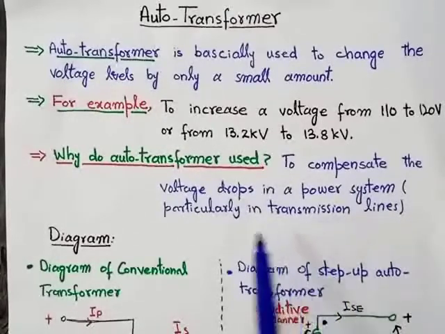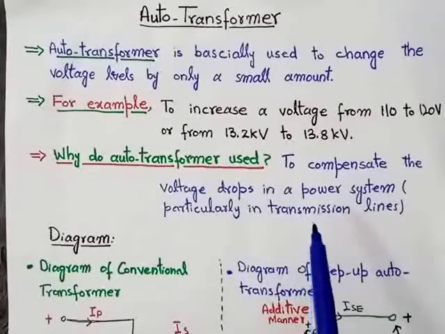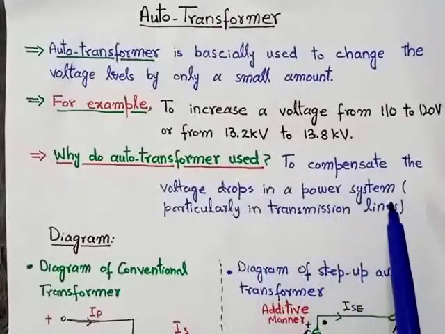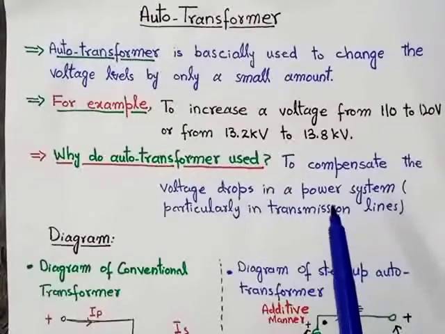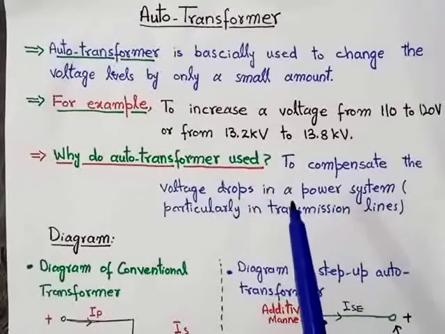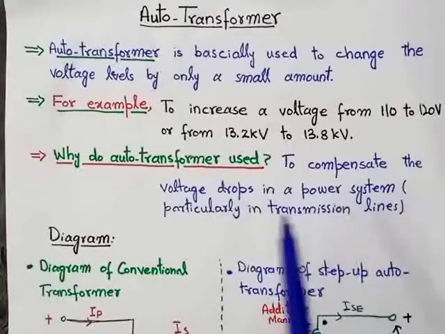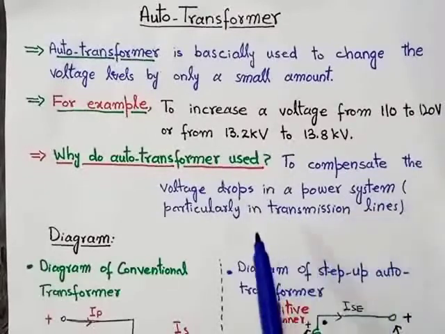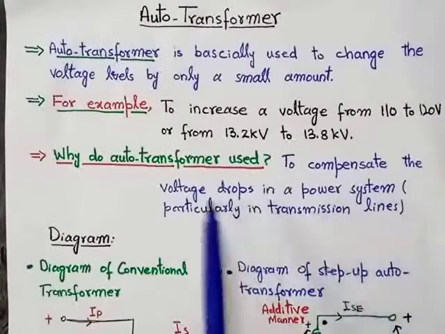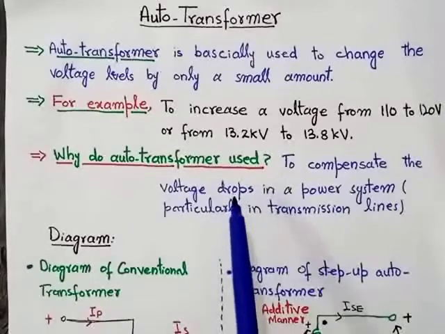It is not a conventional transformer. In a conventional transformer there are two windings, a primary circuit and a secondary circuit. So instead of a conventional transformer, to compensate the voltage drops in a power system, particularly in transmission lines, we use autotransformer.